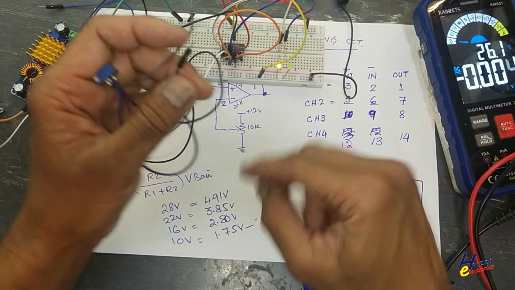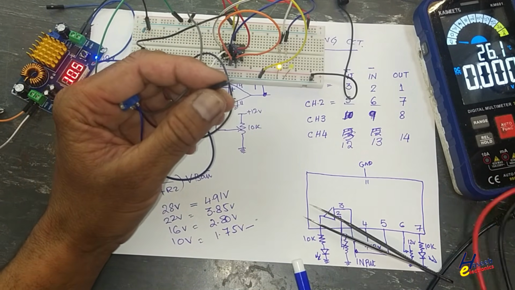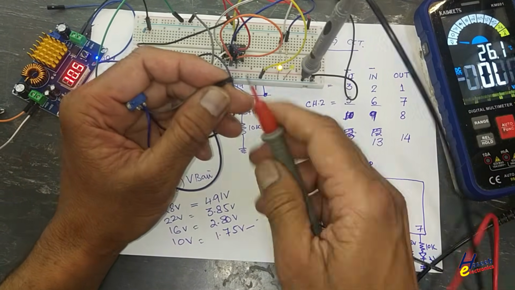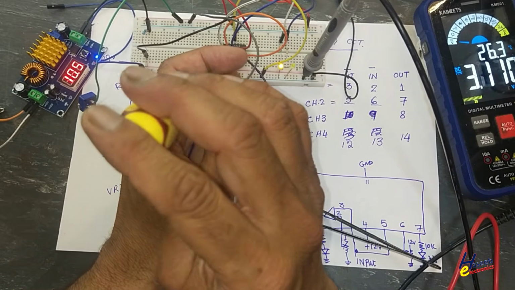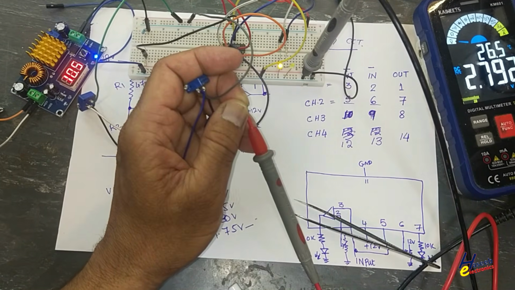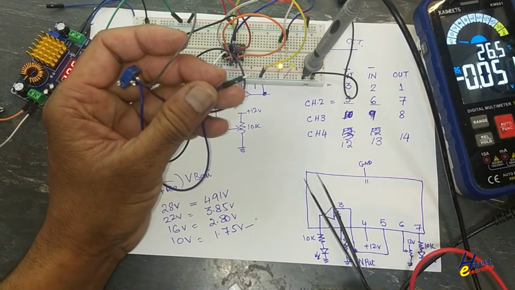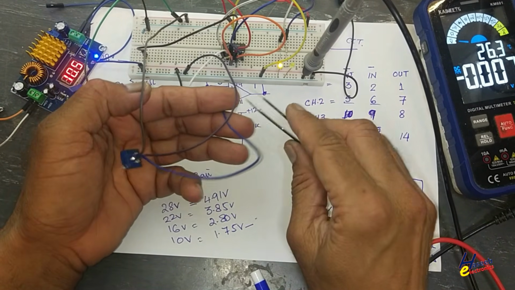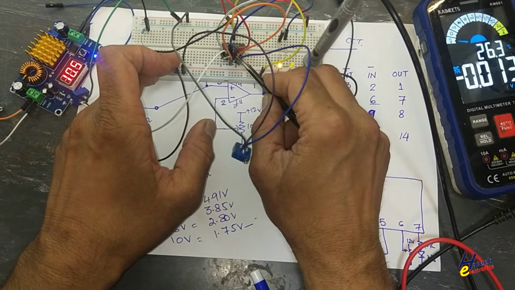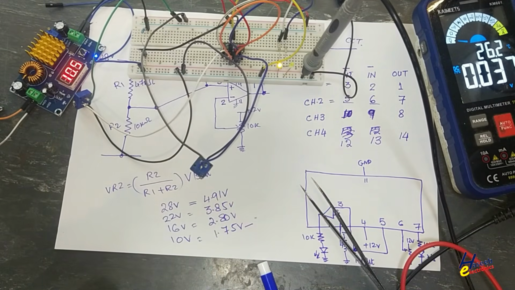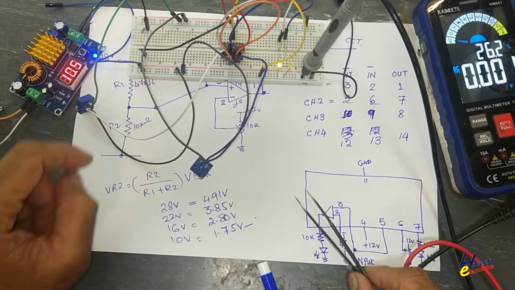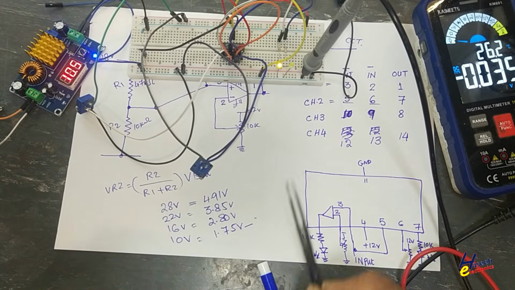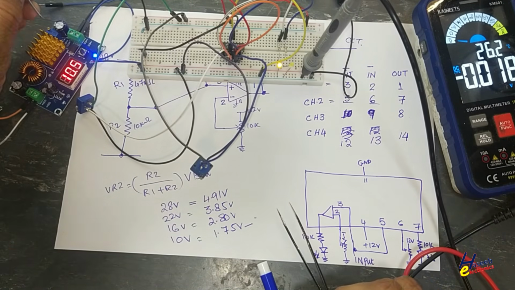Here we will adjust 2.8 volts. Okay, great. Now we will connect this pin to pin number 6. When battery voltage will reach at 16 volt, second LED will turn on.